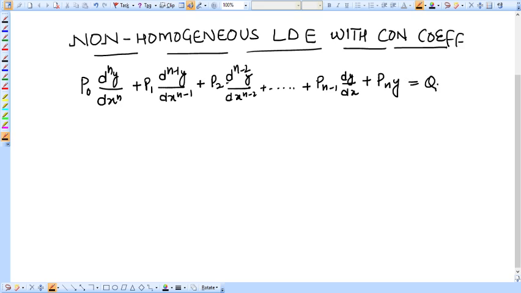This is a non-homogeneous linear differential equation with constant coefficients. Why? Because the pi's are constants.